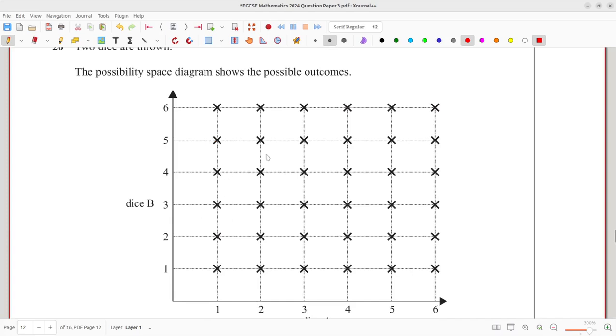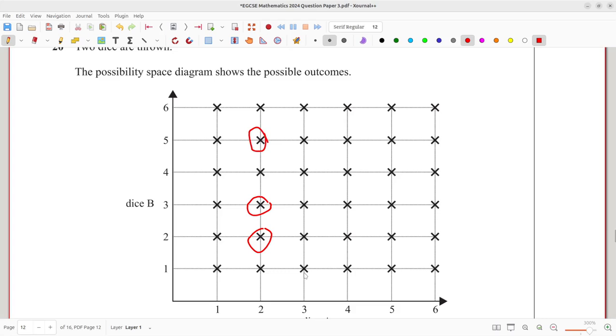Let's check this. 2 is a prime but 1 is not. 2 and 2 is prime, so this is the first outcome. Second outcome, 2 and 3. Third outcome, 2 and 4 is not. 2 and 5.